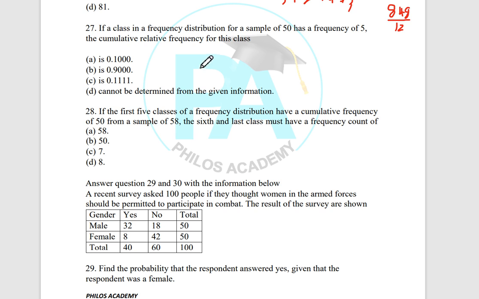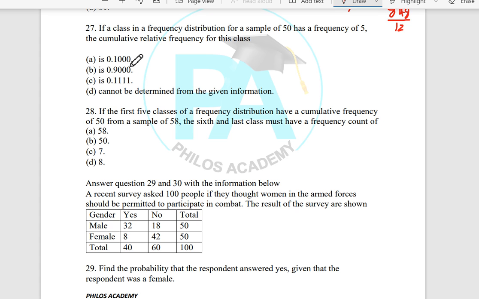Now, if a class in a frequency distribution for a sample of 50 has a frequency of 5, the cumulative relative frequency for this class is, if a class in a frequency distribution for a sample of 50 has a frequency of 5, the cumulative relative frequency of this class should be what? 5/50.